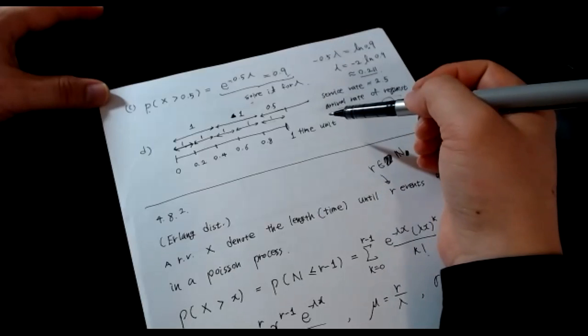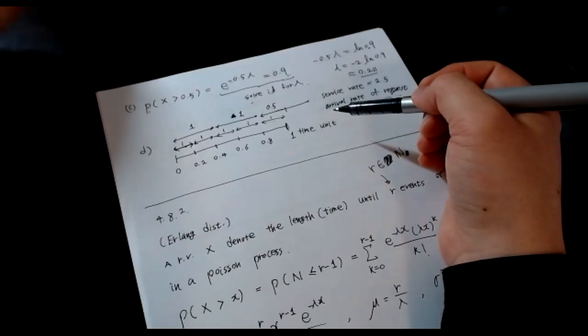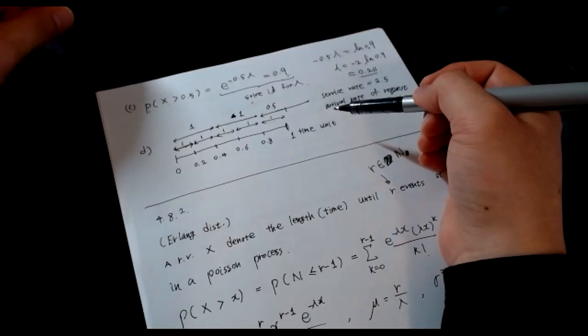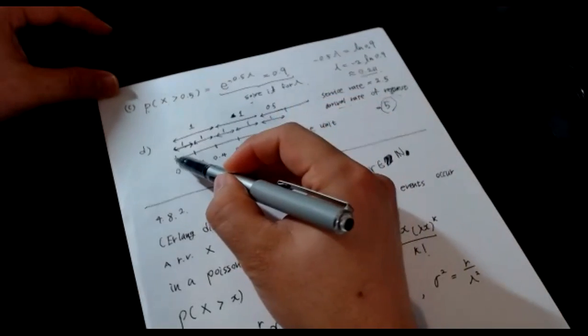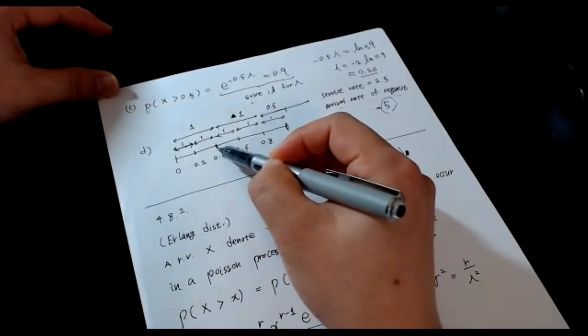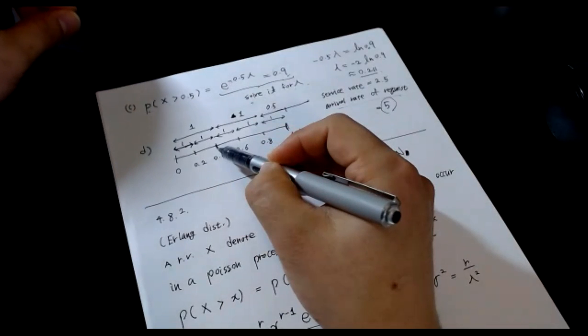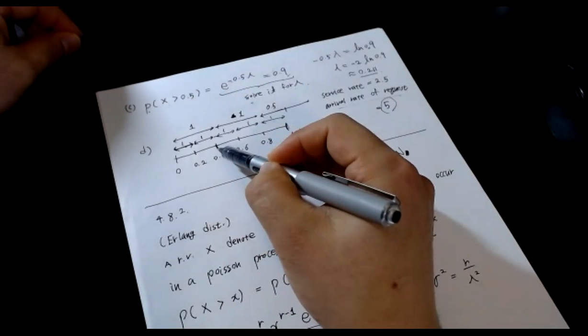Then the problem says that the service times are independent exponentially distributed with a mean of 0.4 time units. It means that every 0.4 time units, they complete the service of a request.